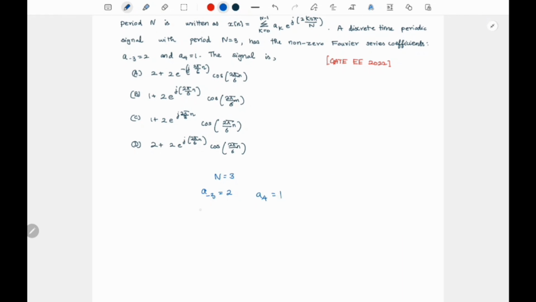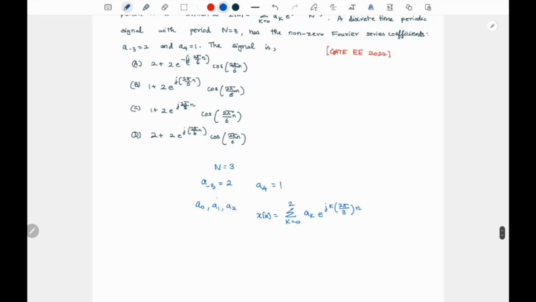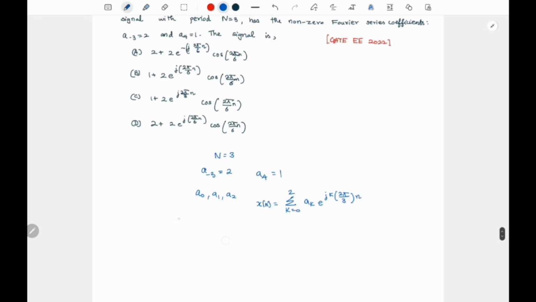So let us first find a0, a1, a2. Okay, only a2 is required. Then I can use x of n equal to summation k equal to 0 to 2 a k e power jk 2 pi over 3 into n. So how do I find a0? My a minus 3 is equal to a minus 3 plus 3, so a0 is equal to 2.